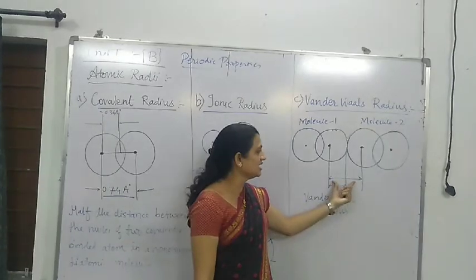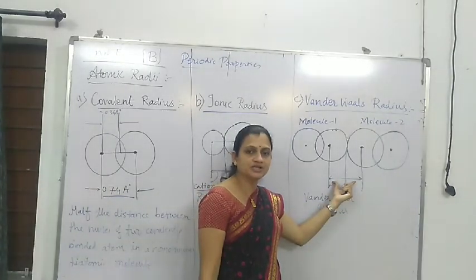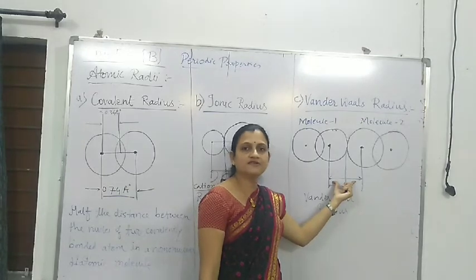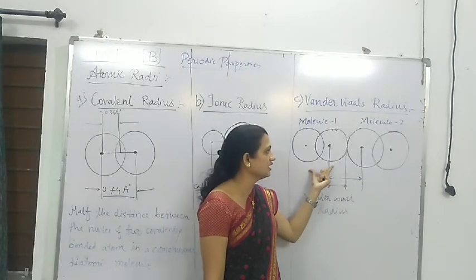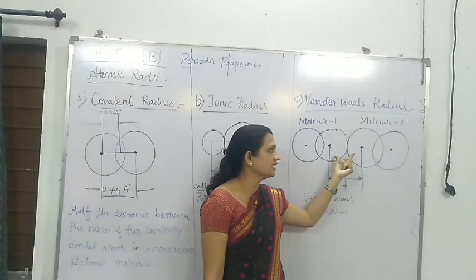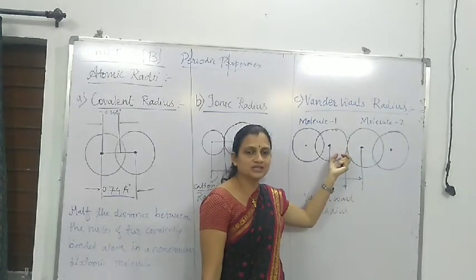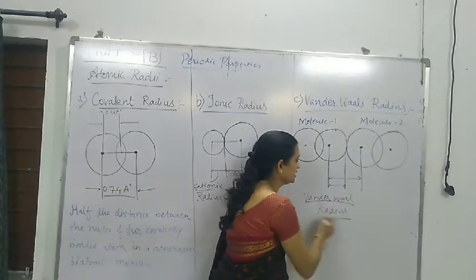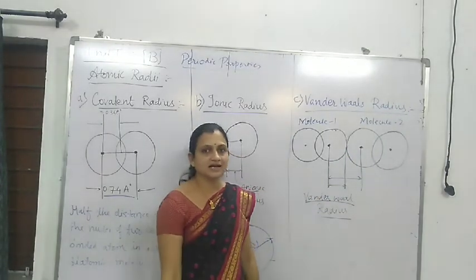It is taken as half the distance between the nuclei of the two different molecules. दोनों भी डिफरेंट मॉलिक्यूल्स हैं, मॉलिक्यूल 1, मॉलिक्यूल 2. इन दोनों मॉलिक्यूल के न्यूक्लियस का जो भी हाफ डिस्टेंस है, that half distance is known as van der Waals radius.